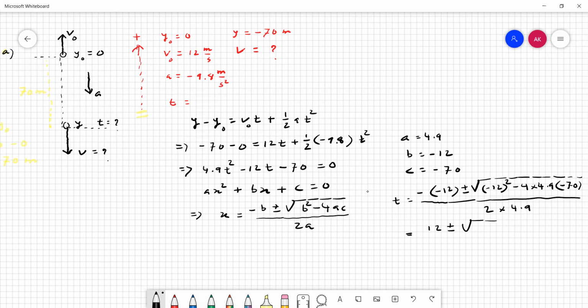Can you give me the number in the square root? Minus 12 squared will give you a plus number, 144. And then there is negative 4 times 4.9 times negative 70. That will also give a positive number. So if you add everything, you're going to get 1516 in the square root. Is that right?